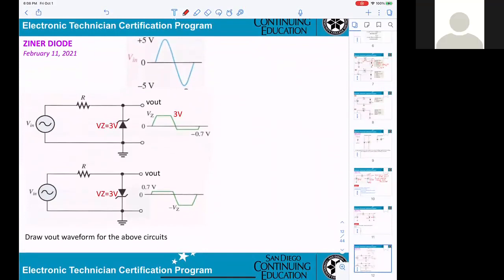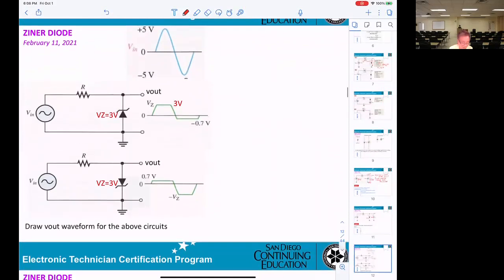This one here can be tricky, Mr. Pham. Now, for the circuitry here, you apply a sine wave, peak to peak 10 volt. So you connect the Zener with the 3 volt breakdown.